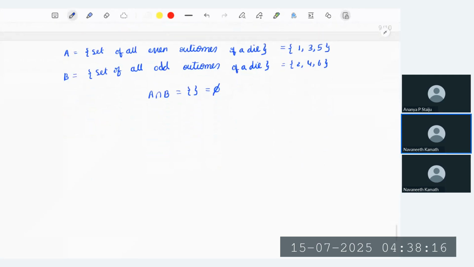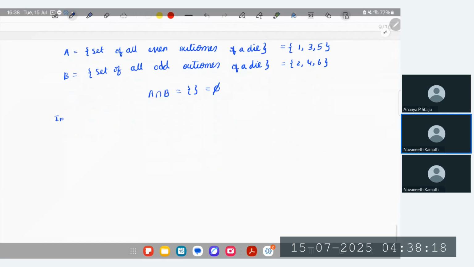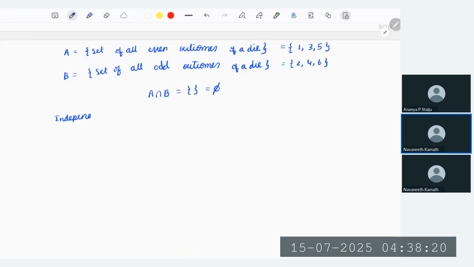Next, independent events. An independent event means the outcome of one event is not dependent on the outcome of the second event, or the occurrence of one event is independent of the occurrence of another event. That is called independent events.